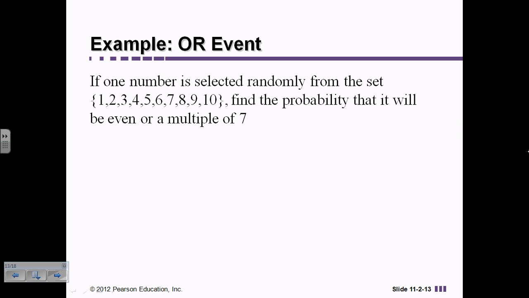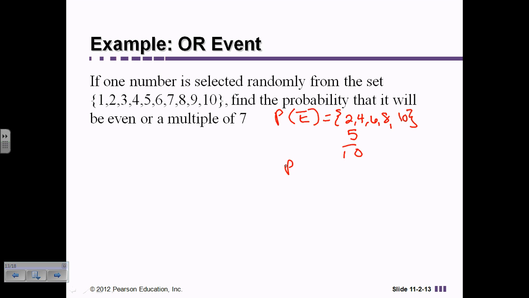Okay, so even numbers, call that E, probability of even. The even set is 2, 4, 6, 8, and 10. So I have 5 chances to get an even number out of 10 possibilities. So the probability of an even is 5 out of 10.